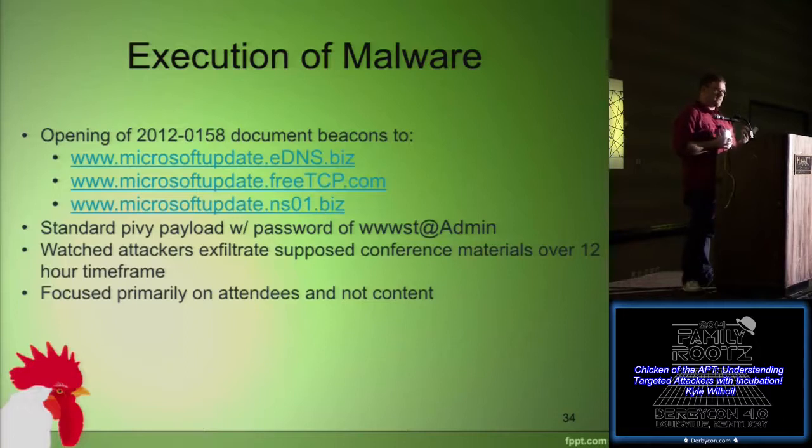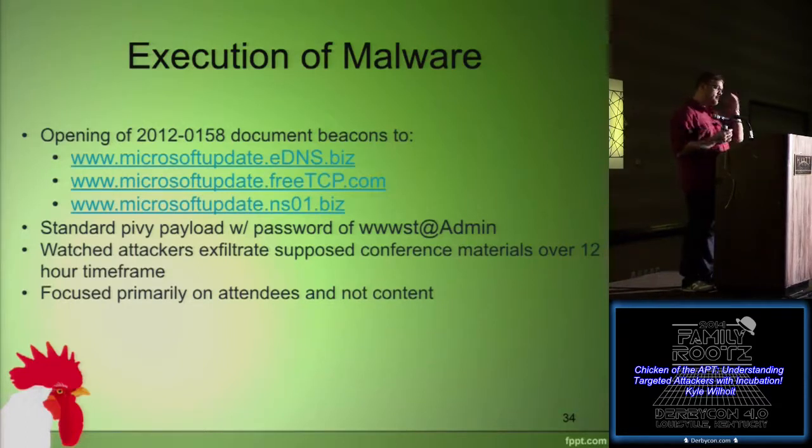And then I watched attackers exfiltrate what they thought was supposed conference information, materials, over a 12-hour time frame. And what was in those Excel documents was the same. I used a different named document template, and I just dumped a bunch of usernames into that Excel document, making it look as though it was conference attendees. So these attackers at this point were interested in who the conference attendees were and not necessarily in anything else about them.